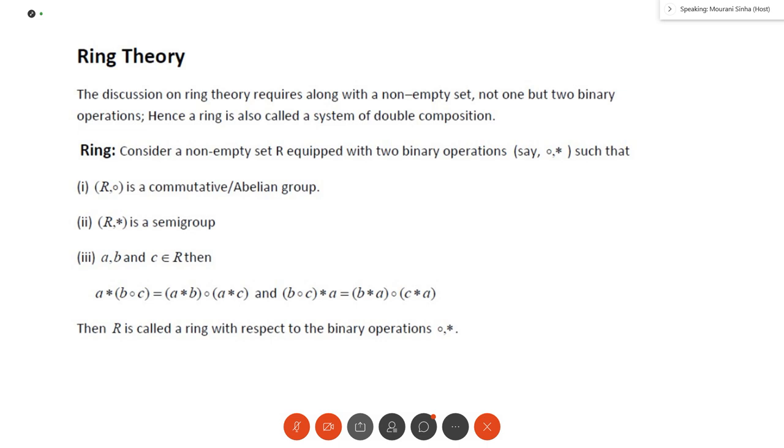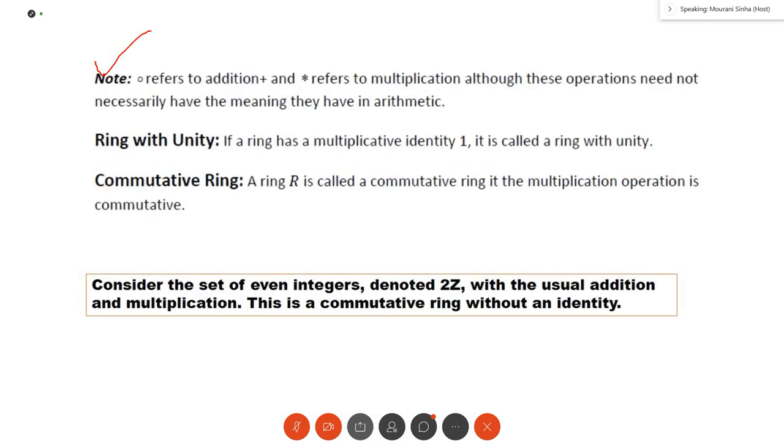This is the question we are trying to do. Consider the set of even integers denoted by 2z with usual addition and multiplication is a commutative ring without an identity. Have you got the steps? What we have to do? Anyone has anything to ask that you have not understood?